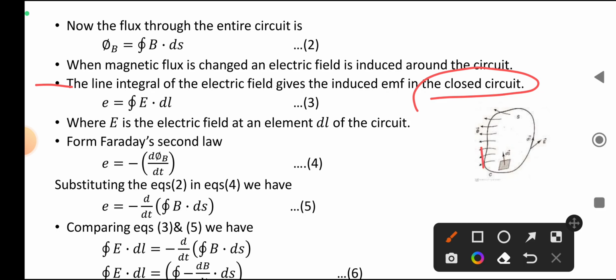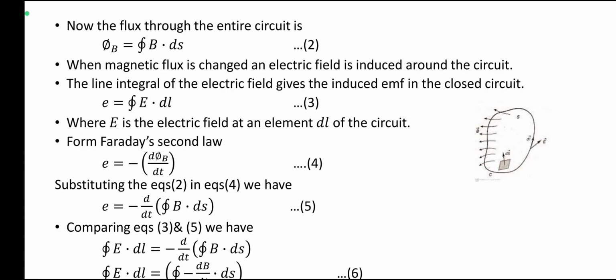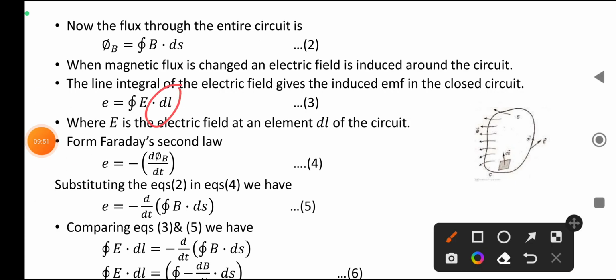So how much EMF is produced in this closed circuit? That EMF is simply the line integral of the electric field. Let the induced EMF be E, equal to integral of E dot dl, where dl is the small length taken.